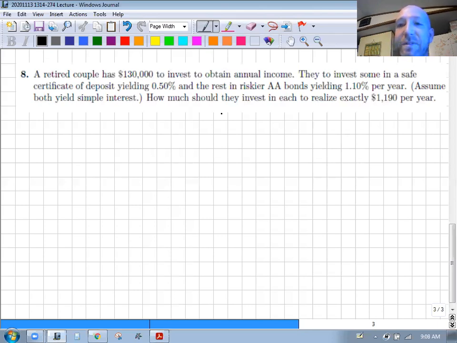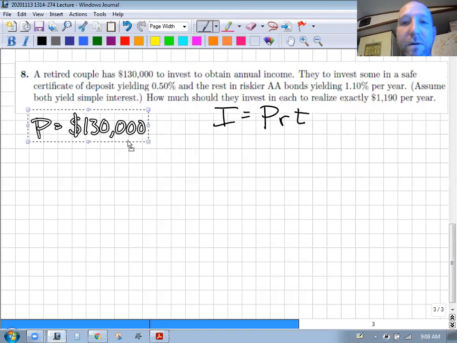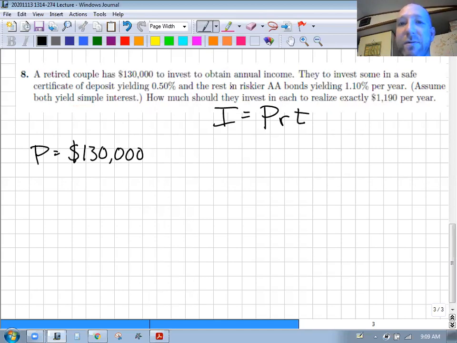Well, let's see. Simple interest. The interest is the principal times the rate times the time. So they have the total amount of principal. It's $130,000 here, right? But they have two accounts.